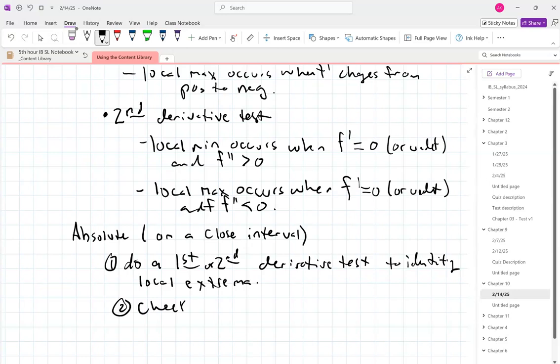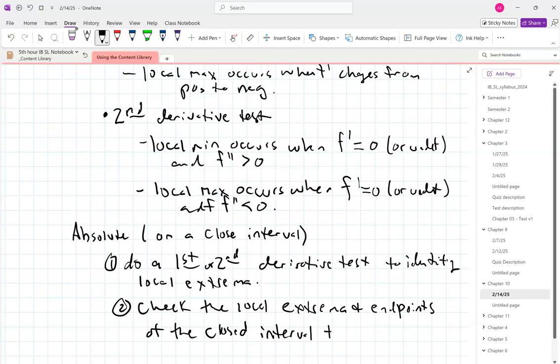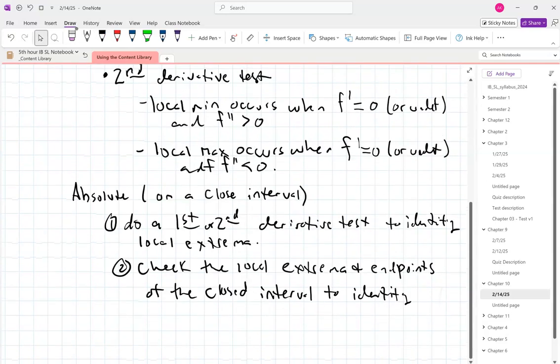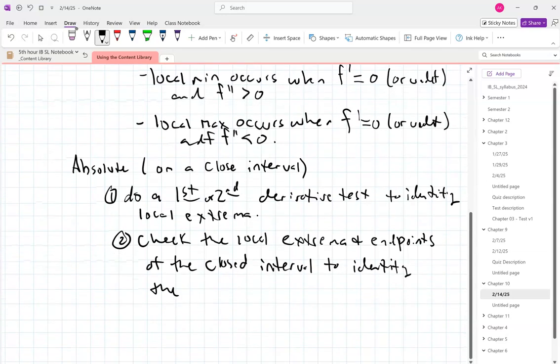Then we check the local extrema and the endpoints of that closed interval to identify the smallest and largest values.